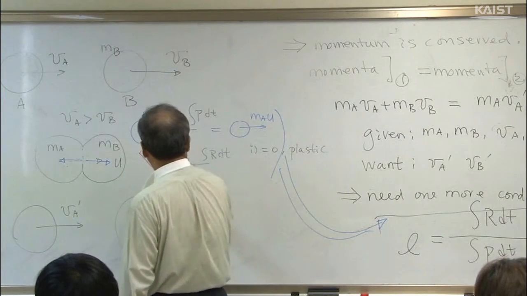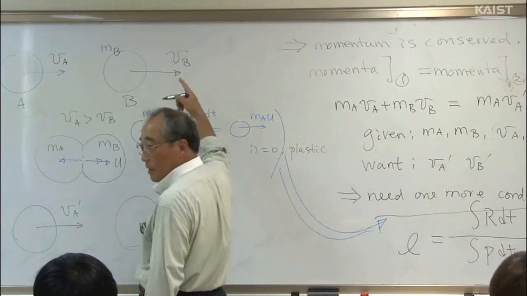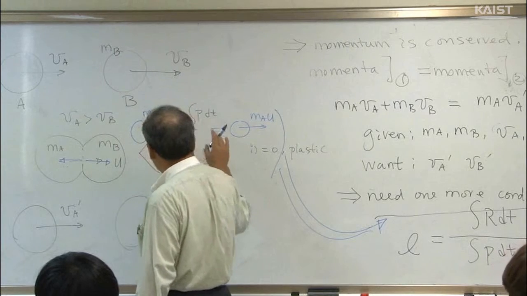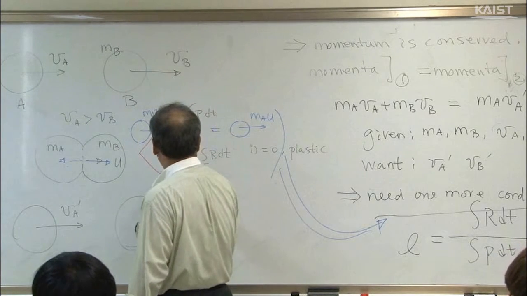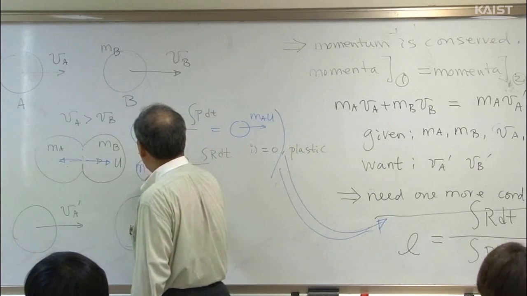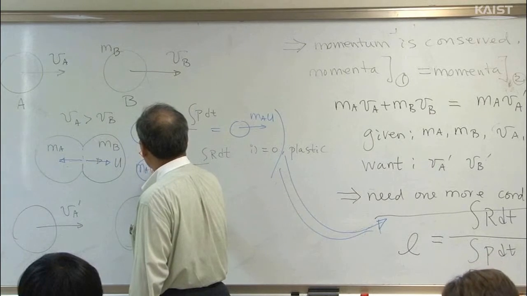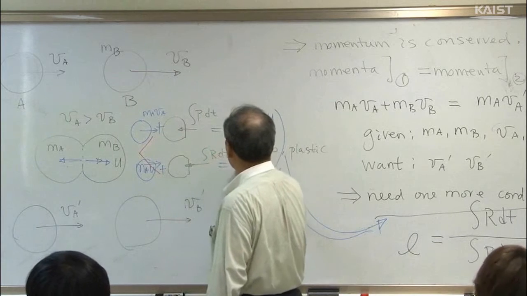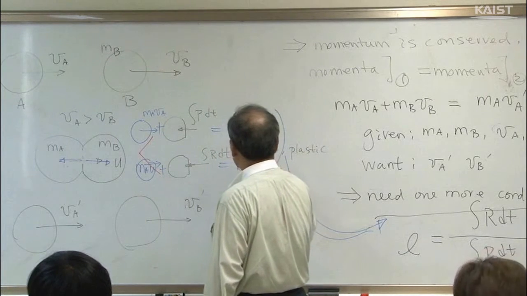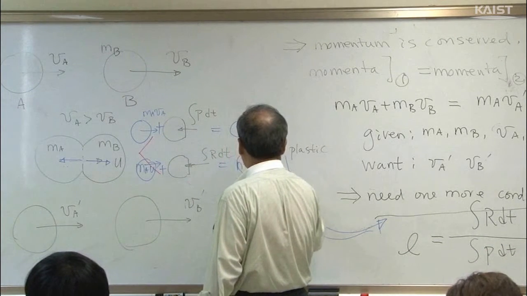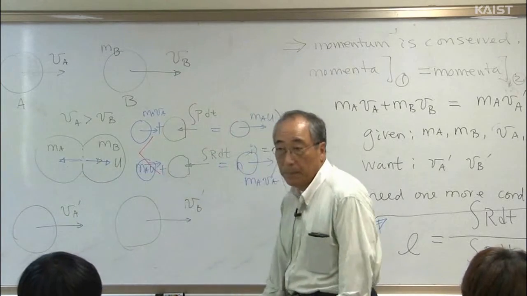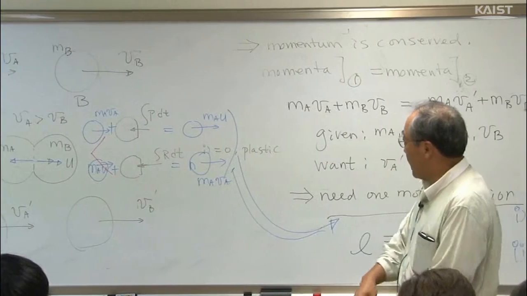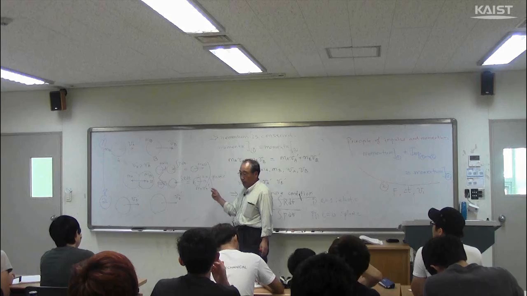And another one I can write is the same relation for mass B. This is the case when I have mA u, plus this will induce this particle mA vA prime. And I can do the same thing for particle B.